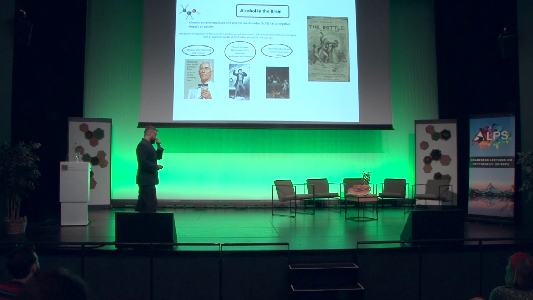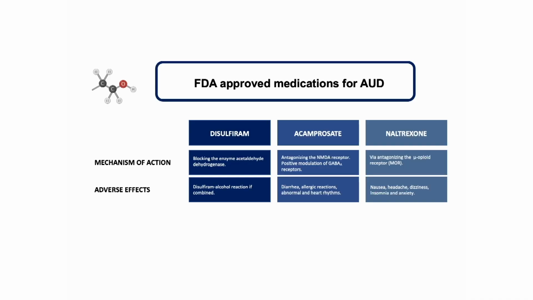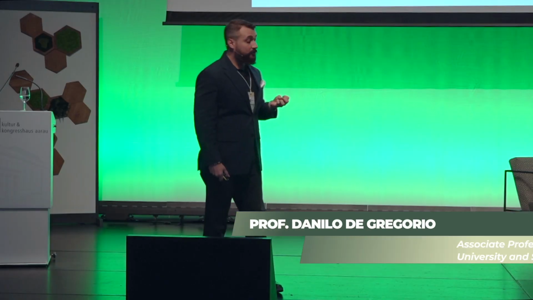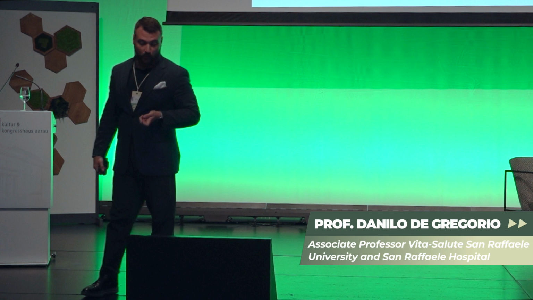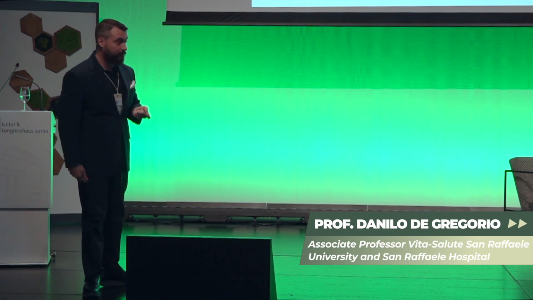And we have drugs that are able to treat alcohol use disorder: disulfiram, acamprosate, and naltrexone. But those drugs are characterized by different side effects, and so in light of this, current treatments of alcohol use disorder are limited and new therapeutic approaches are definitely needed.